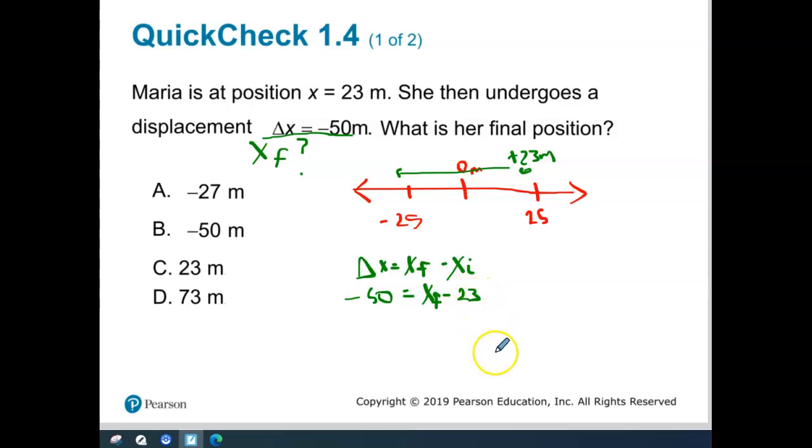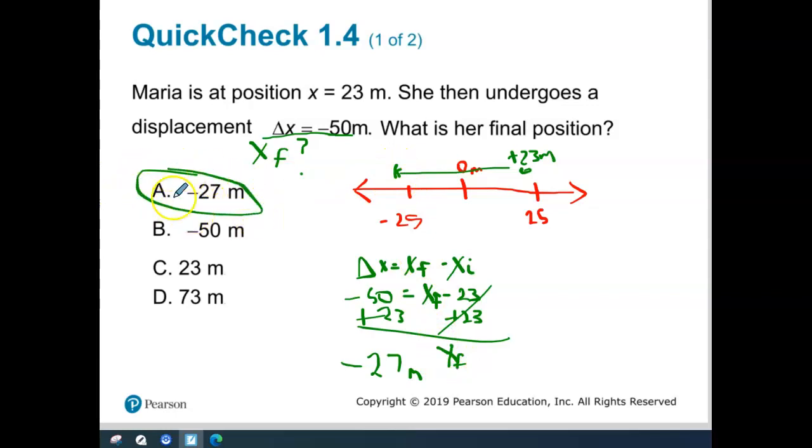So we're going to solve this. I'm going to take the 23 to the other side, so I'm going to add 23 to both sides. Doing a little bit of algebra here, I get the final position would be negative 50 plus 23, which is negative 27. So negative 27 meters is her final position, which is where she ends up here, and that's answer A.